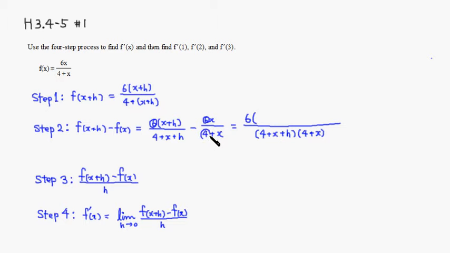So 4 times x is 4x, 4 times h is 4h, then x times x is x squared, then x times h is xh.